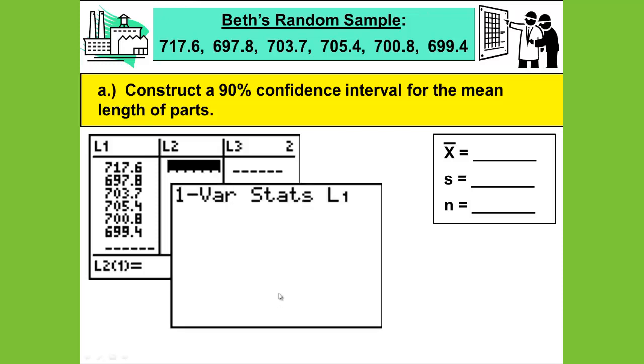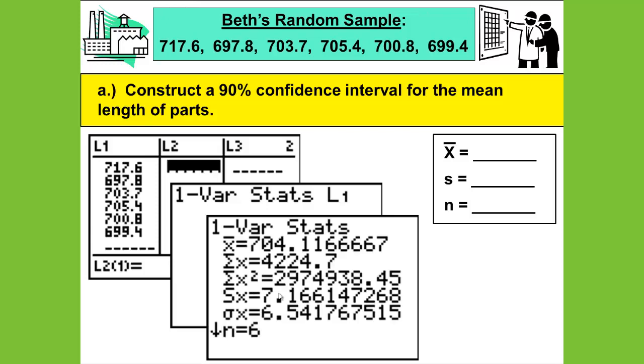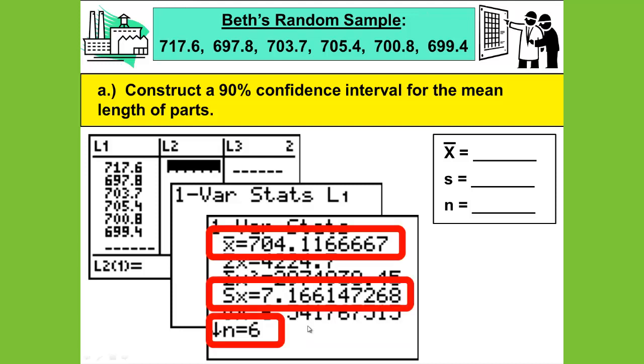Then choose one variable statistics, or 1-Var Stats, on list 1 and get our results. Remember that I have covered this in a previous video. That gives us x bar of 704.1167, a sample standard deviation s of 7.1661, and a sample size n of 6.